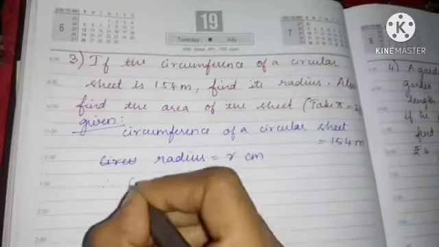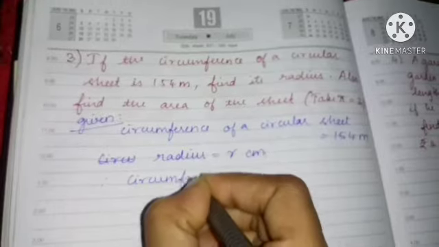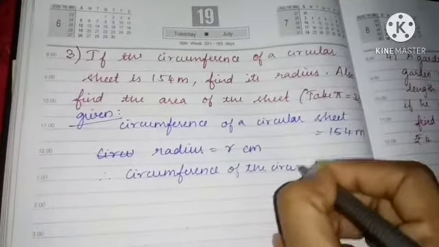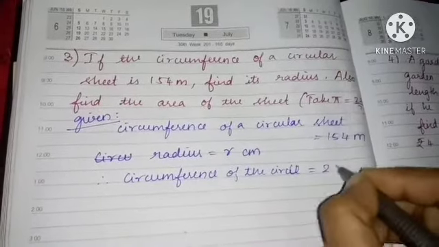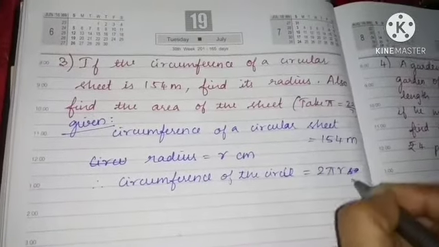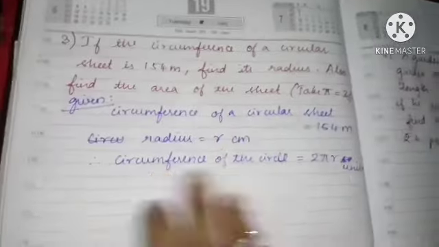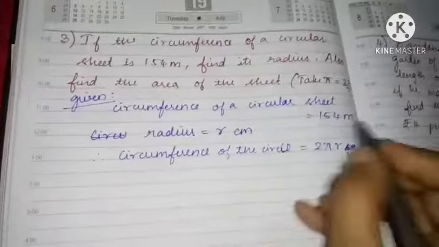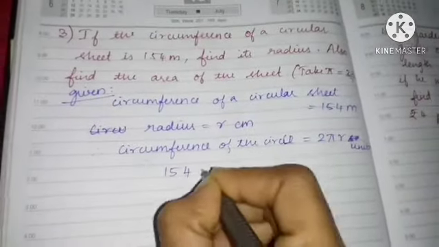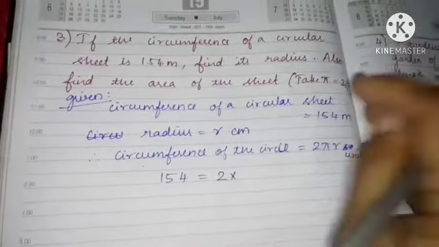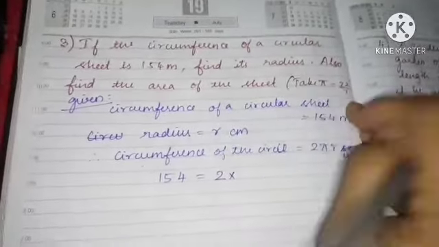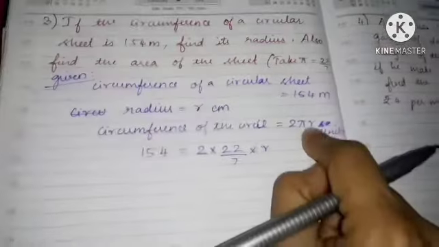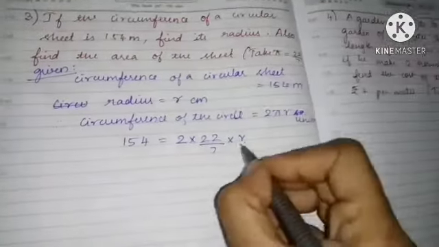Now therefore circumference of the circle is equal to 2 pi r units, correct? You know the formula of the circumference of the circle is 2 pi r units. What is circumference given? 154 is equal to 2 into, they asked to take pi as 22 by 7, into r, because I don't know the radius. Now we should find the radius, correct?